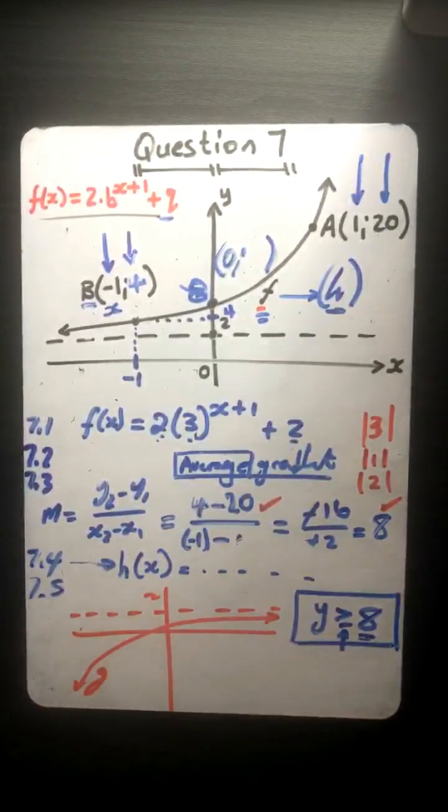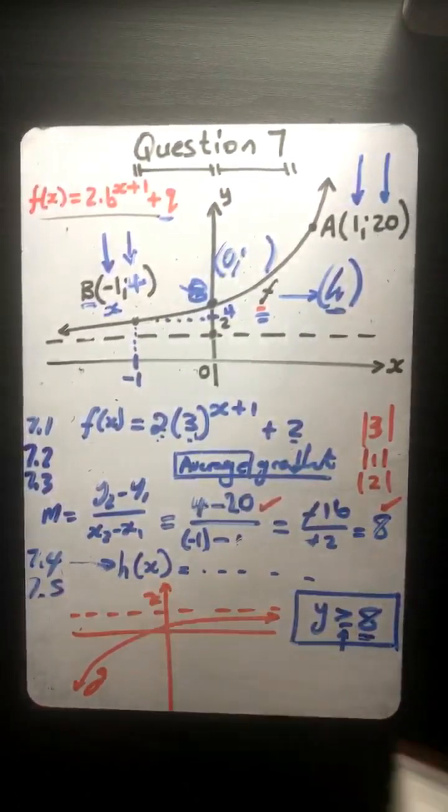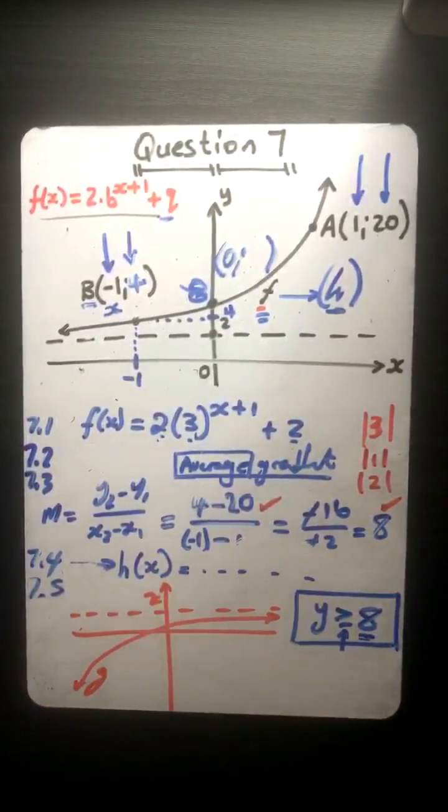I'm not sure if you'd like to give it a try, honorable members. Just give it a try and tell what would be the range for g. The line that you have, the asymptote, is 2. Yes, it's 2.